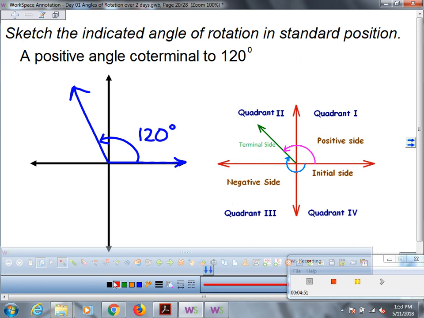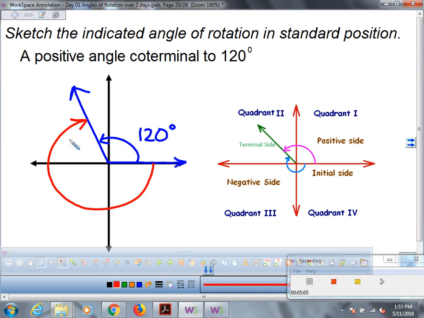I want an angle that's co-terminal with that angle, but it has to be positive. I could have an angle that's going in the negative direction. That would be right here. It would be co-terminal if I went backwards, right? They would end in the same spot. But it says positive. I need a positive angle.